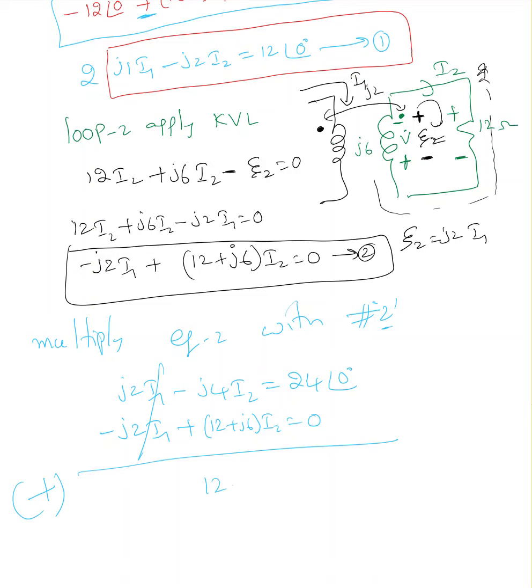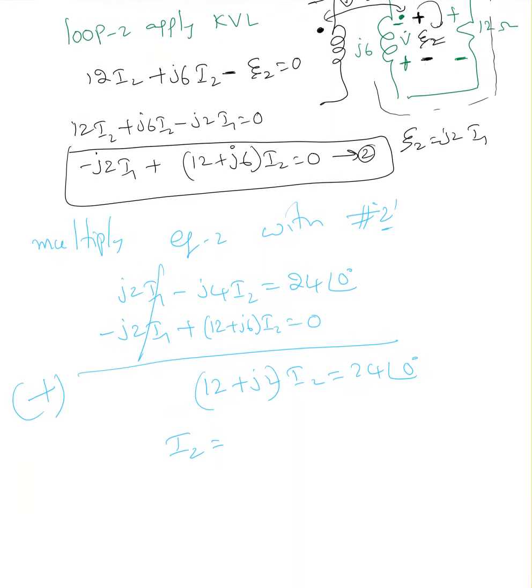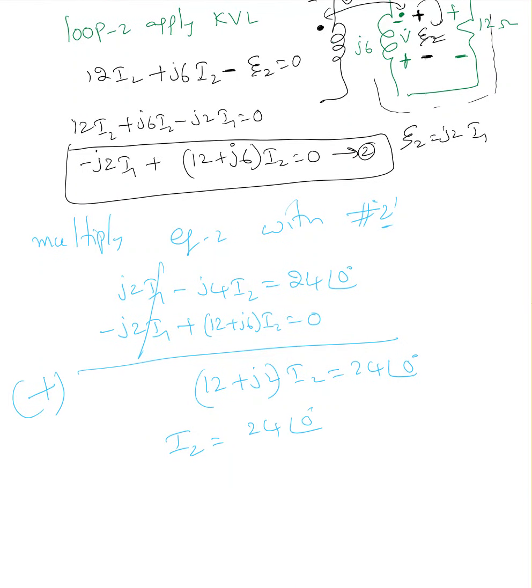So I'll end up with 12 plus J2 I2 equal to 24 at an angle of 0. So our I2 must be equal to 24 at an angle of 0 divided by 12 plus J2.